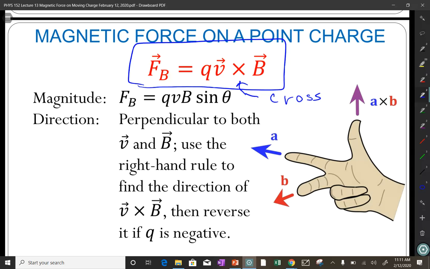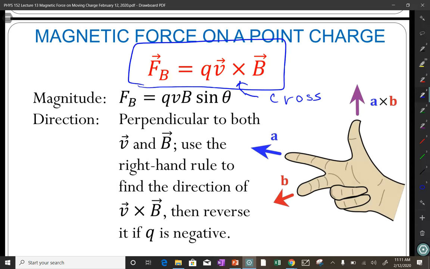And so what would the force be on, let's say, an electron in a constant magnetic field? It's 0 because you have 0 for the velocity part. So on the first slide, the title was magnetic force on a moving charge, because a stationary charge is not there.